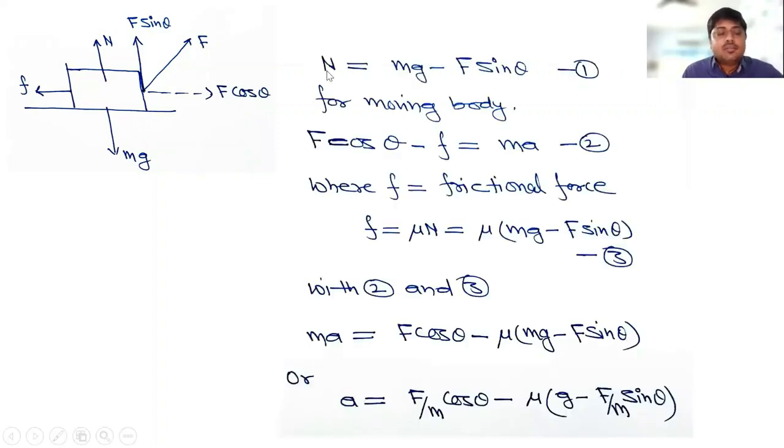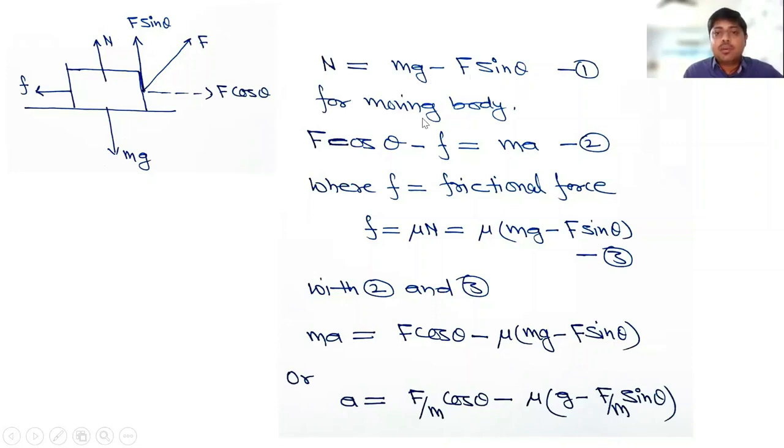So N here, because there are two forces acting on the upper side perpendicular to the surface, and one force is acting on the downward side. So if we take these three forces, then we can say for the equilibrium state, because the body is not moving in the downward direction, N will be equal to mg minus F sin theta.